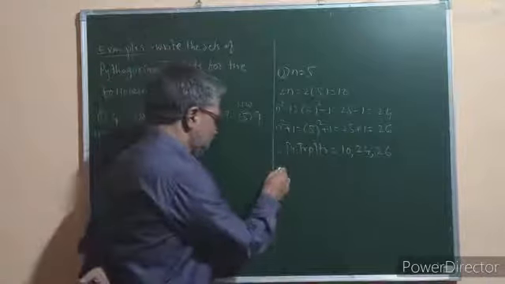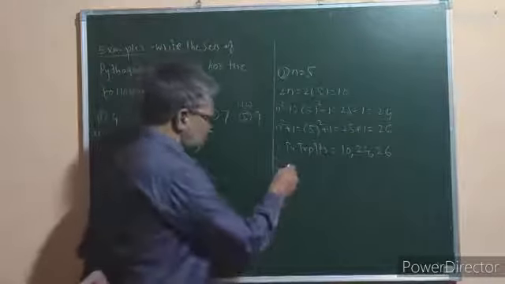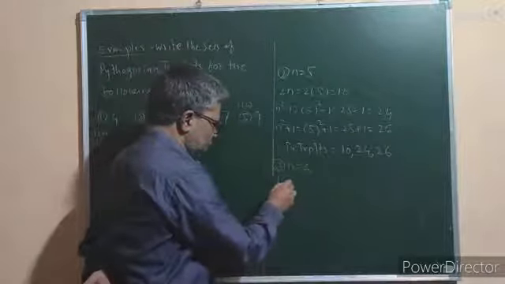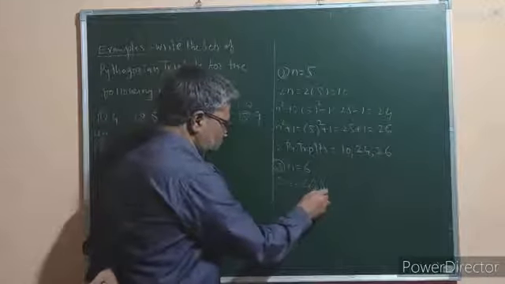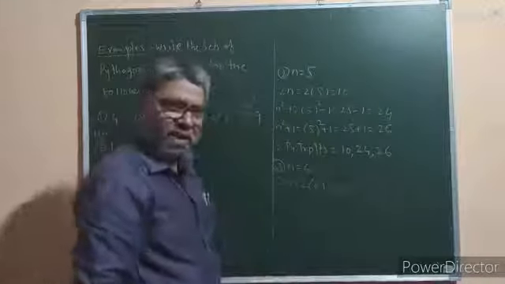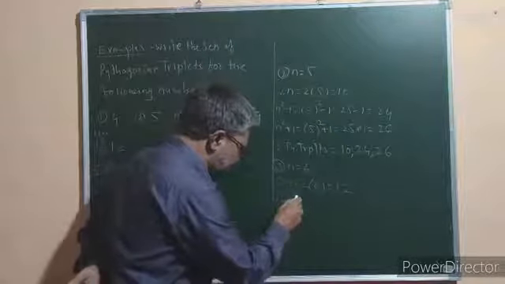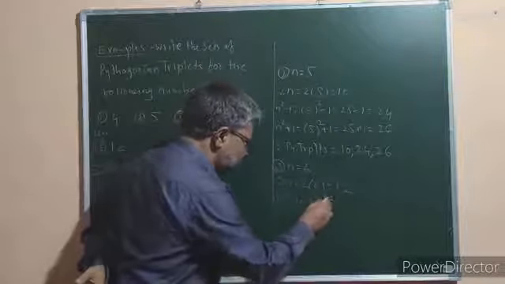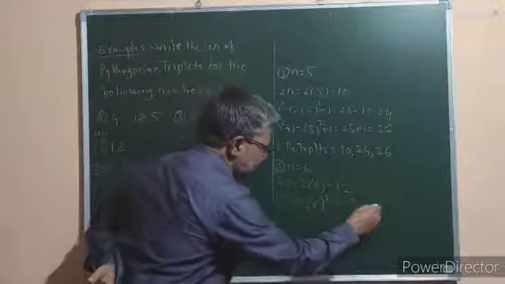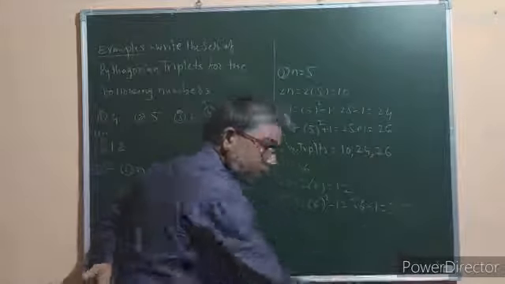Okay, now the third example, that is n is equal to 6. So 2n is equal to 2 into 6, which is equal to 12. Alright, then n square minus 1 is equal to 6 square minus 1. 36 minus 1 is equal to 35.